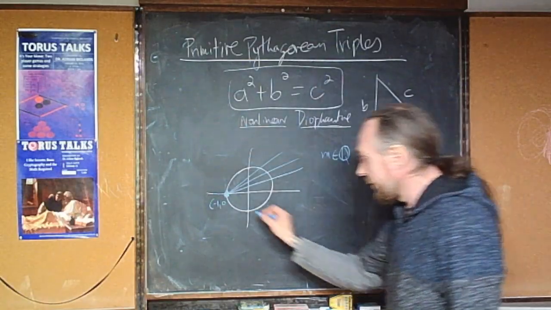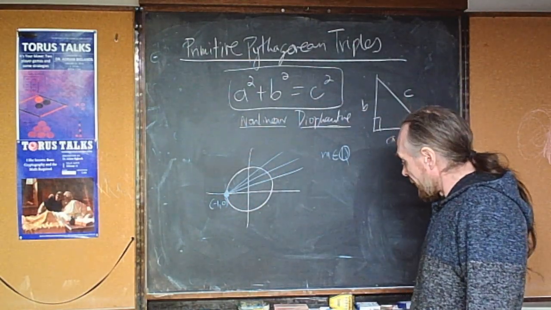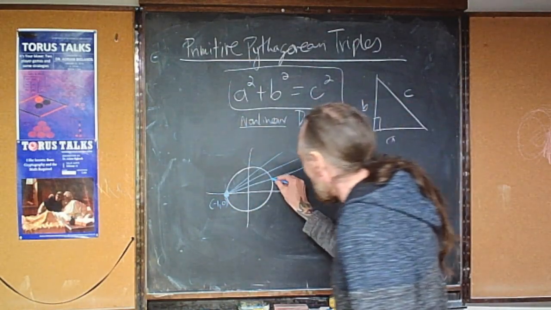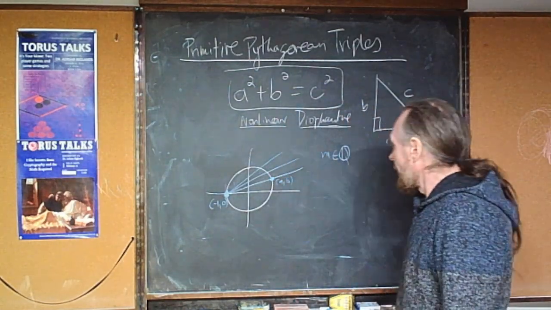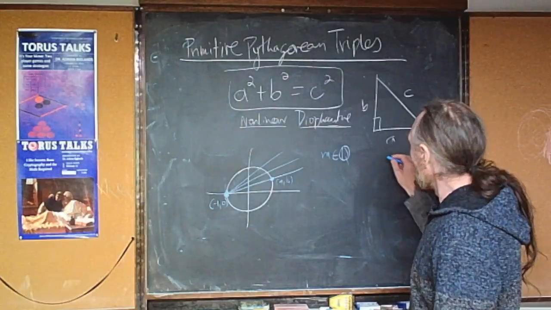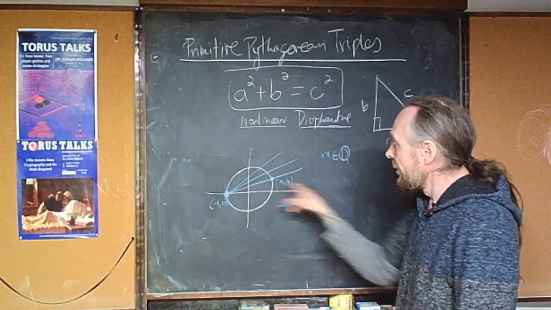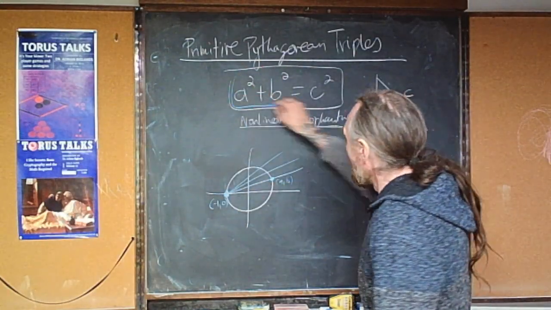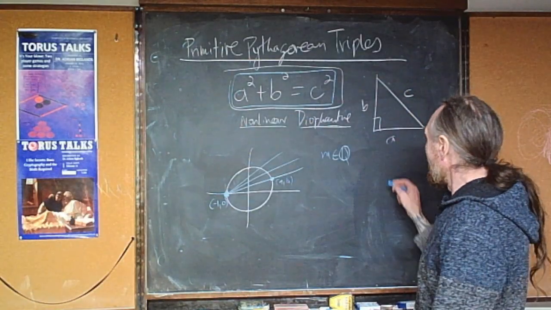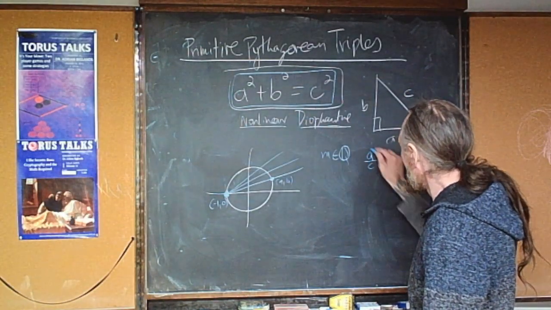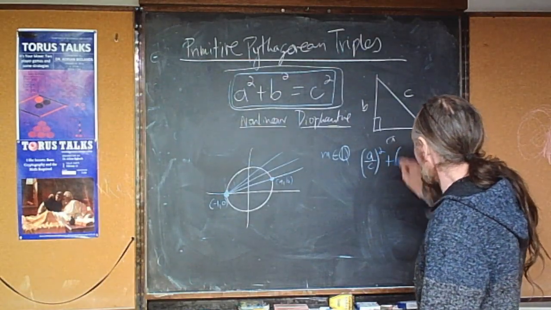Essentially, we're going to start with this. If this is the point, then we want another point (a, b). First of all, where does this rationalization come from? How do we get from the triangle to the circle? First of all, we could divide both sides by c squared and get this.